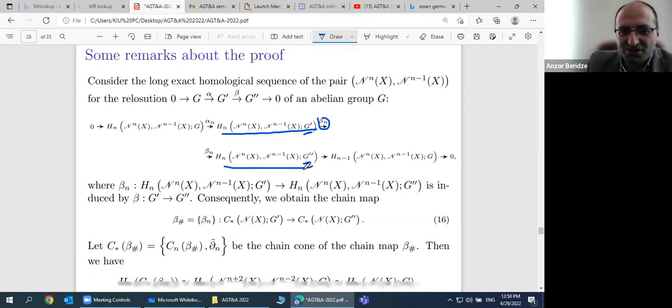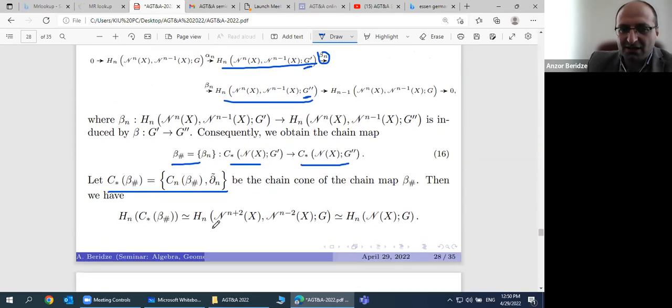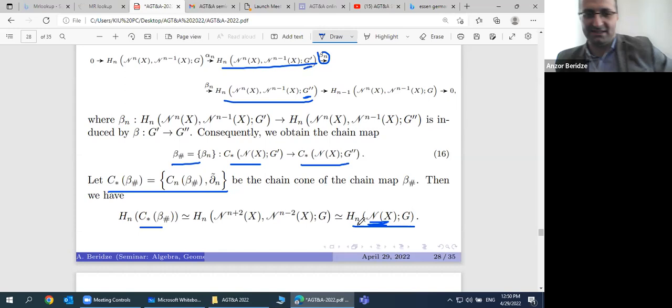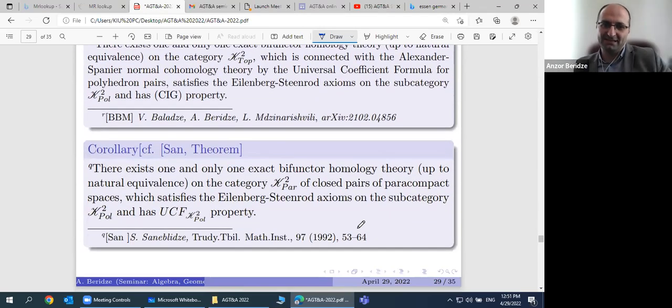And if we consider this homomorphism as a chain map of these chain complexes, then I can construct the chain cone of this chain complex. And fortunately, the homology group of this chain cone is definitely the homology of this limit space. And the homology of this limit space is the homology of our topological space. This is the main approach, and that's why this is valid for general topological spaces.